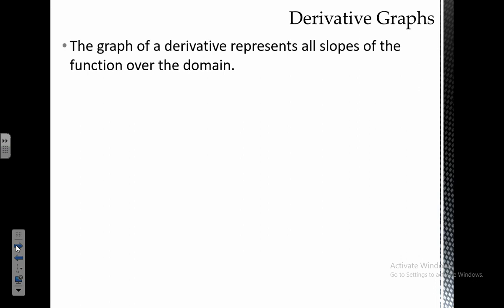So our warm-up problem was y equals x squared, right? And our derivative was 2x. So if we graph 2x, that just represents all of the slopes from our function y equals x squared.